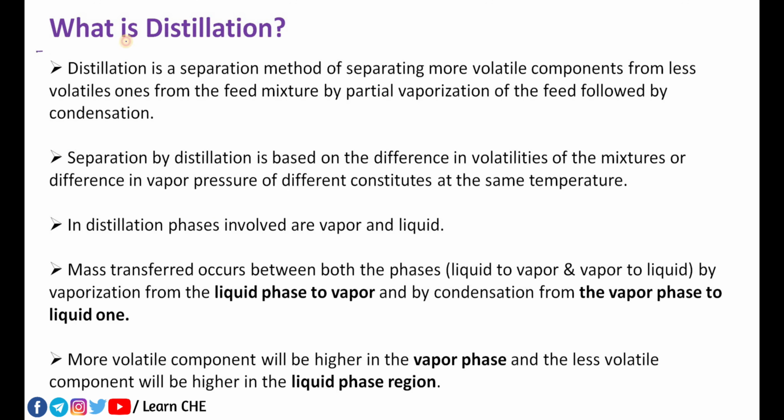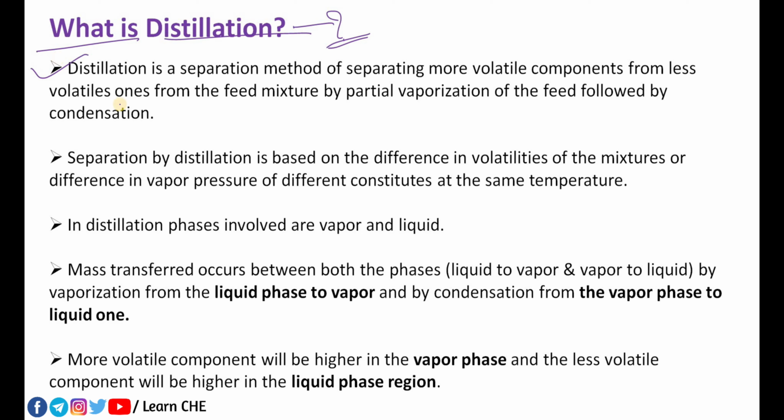So what is distillation? Distillation is a unit operation. First thing, distillation is a unit operation and we can say a chemical operation, not a chemical reaction. I am saying that it is a unit operation as well as a chemical operation. Distillation is defined as a separation method which is used to separate the more volatile components from the less volatile ones from the feed mixture.